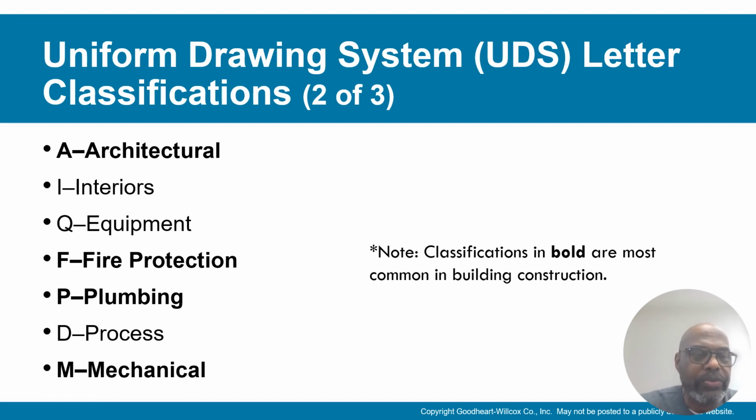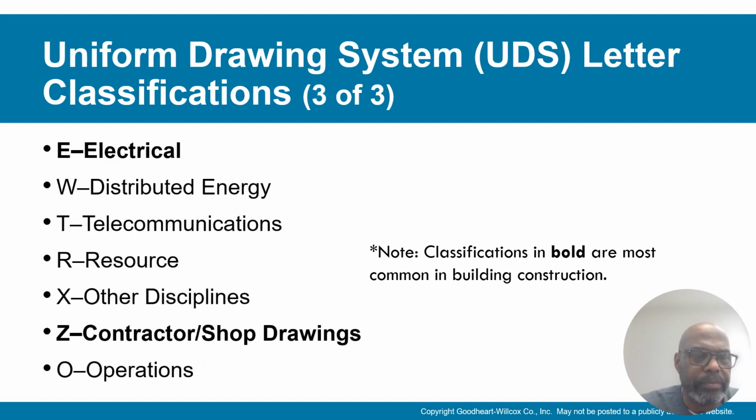Here are some of the other ones, like A for architectural. Usually the architectural will be the very first set of pages, and it will show what the architect is looking for, the carpenters and other things for that print. Again, like we talked about E, for electricians. But these are all the different types.